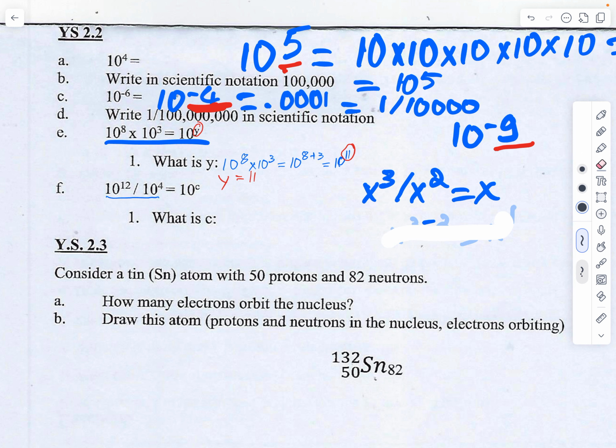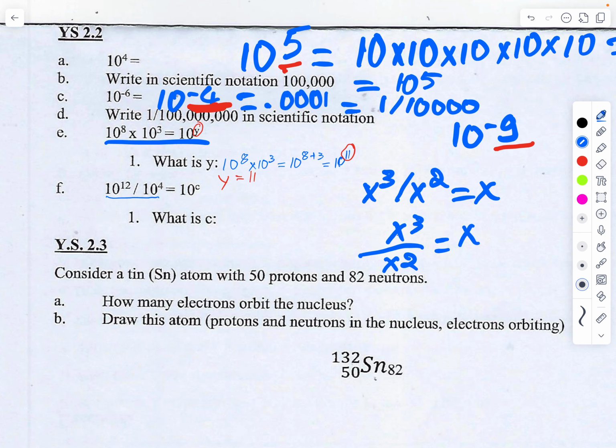Or we can see them write it as a fraction. It could be something like x to the third over x squared. And then you would know to cancel out, right? 3 minus 2 is 1. So x^(3-2) equals x^1. It's just the same concept. So generally the formula for this is x^m over x^n equals x^(m-n).